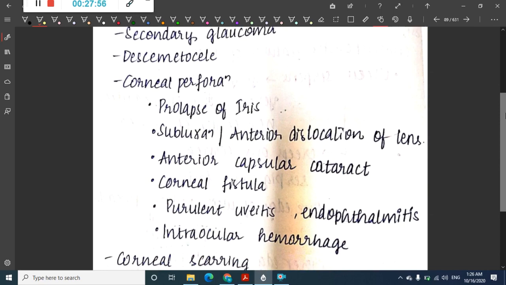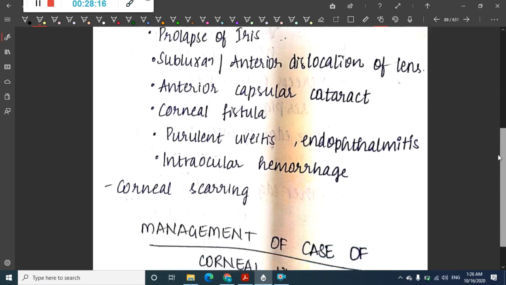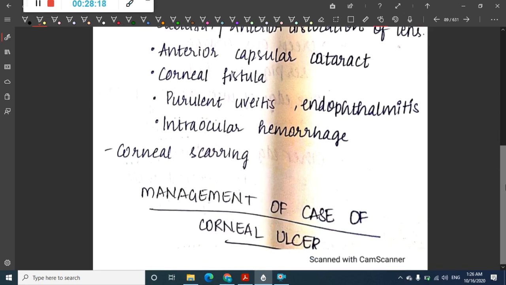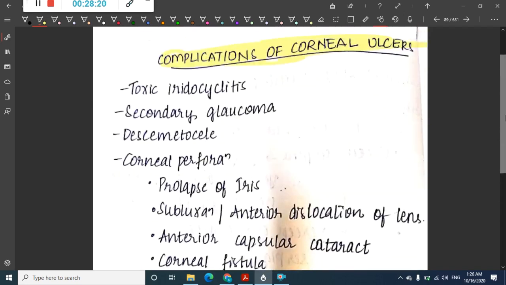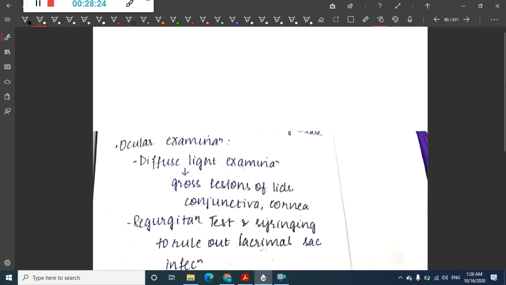When there is corneal perforation, because of the drainage of intraocular fluid, that is aqueous humor, this can cause prolapse of the iris. It can also cause anterior subluxation of the lens. Corneal perforation can also cause corneal fistula, anterior capsular cataract, purulent uveitis or intraocular hemorrhage. It can also lead to corneal scarring. So all these are complications of corneal ulcer.